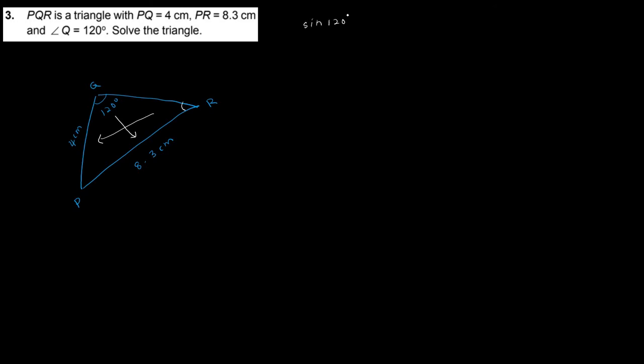Sine 120 degree and the opposite length is 8.3 cm equal, we want to find R, sine R over the opposite length is 4. So sine R equal sine 120 degree over 8.3 multiplied by 4.